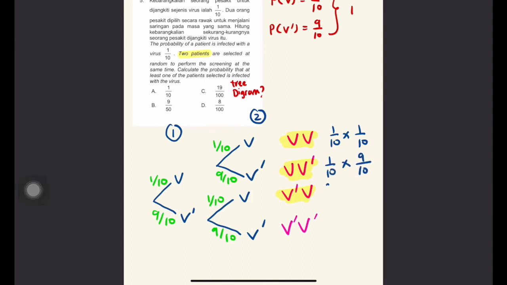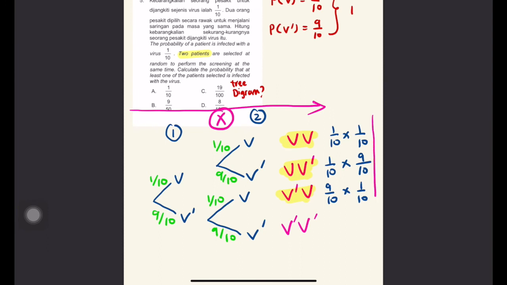The second one is 9 over 10 times 1 over 10. This one is not relevant. Next, how do we calculate this? Earlier I said that when we deal with something across from left to right, we multiply. When we go from top to bottom, we add.